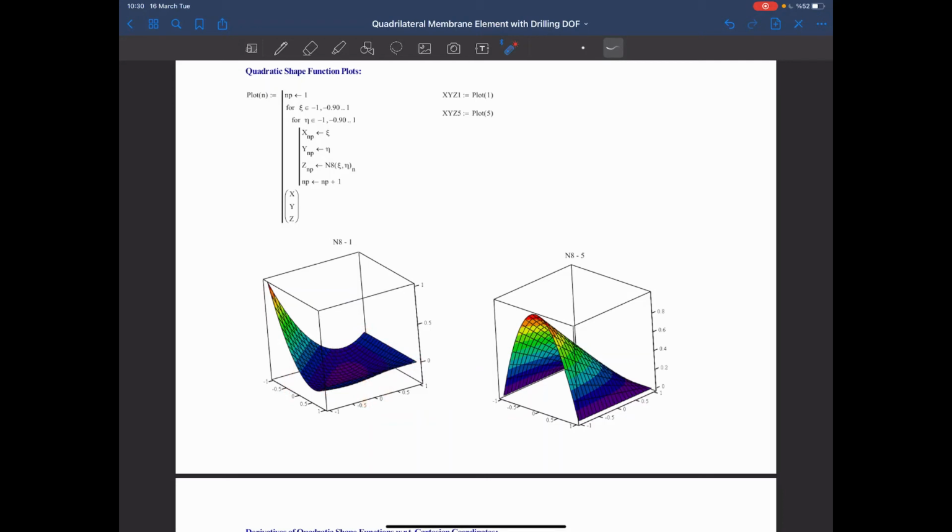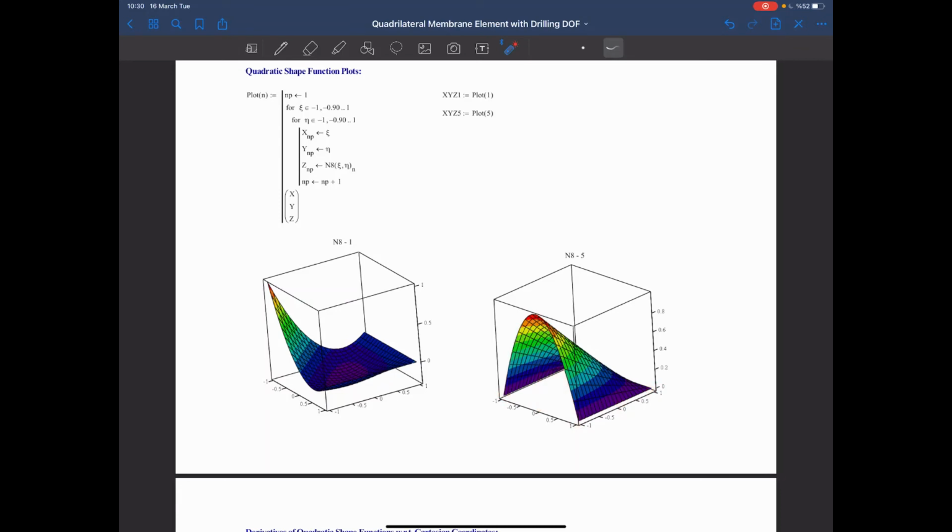Okay, that's the plot of the first quadratic shape function. But what we are mainly interested in is the plot of the fifth shape function. So as you see, at the middle, at psi equal to 0, that value is equal to 1, and elsewhere it's equal to 0. Okay, and this will be our mid-edge interpolation that we are going to use.